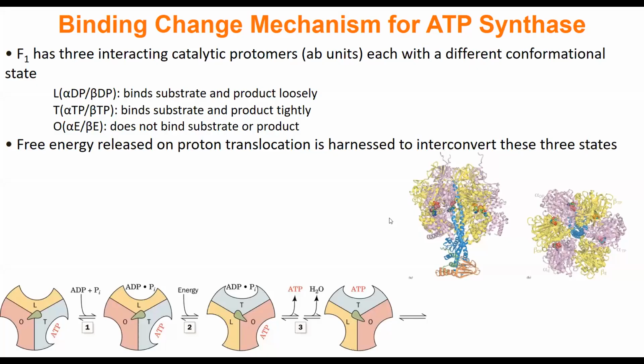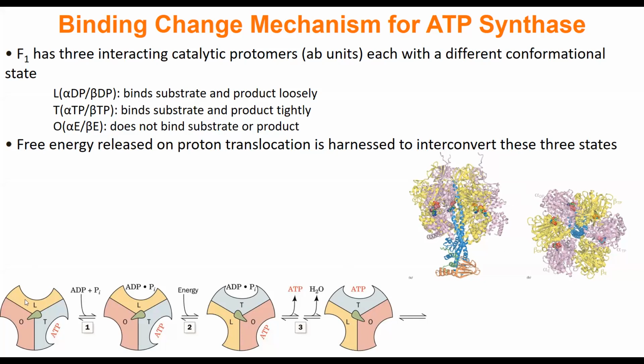All right, so the way that ATP is made in ATP synthase is that you have alpha beta subunits in F1. You have 3 copies of each, 3 copies of alpha and 3 copies of beta. 1 alpha and 1 beta form a complete unit.